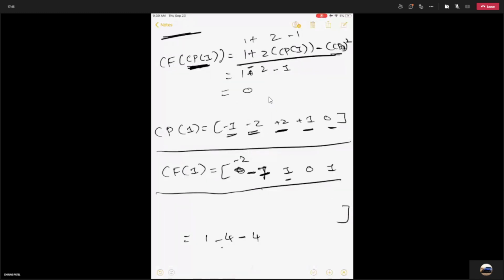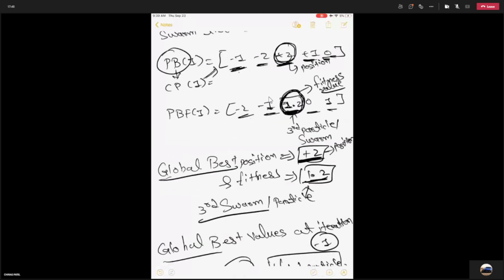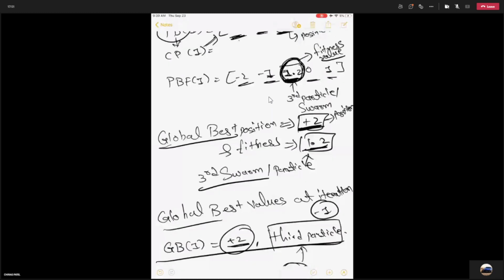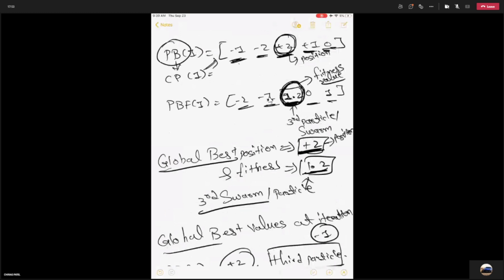Now we need to substitute in this equation. This is your personal best, so personal best we can write out, pb1 is equal to 1, 2, 1, 0.